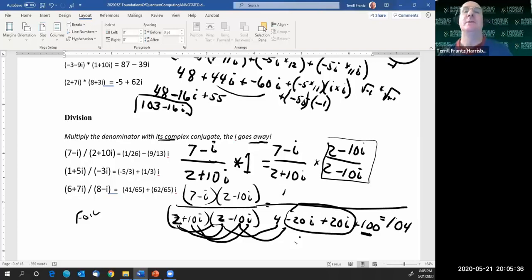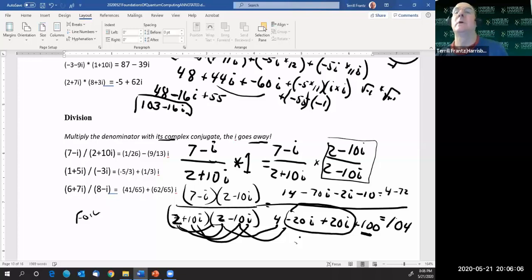So this would be 14, first, outer, minus 70i, minus 2i. So that's, what is this? It's 10. So that's minus 10, I think. This becomes 4 minus 72i.